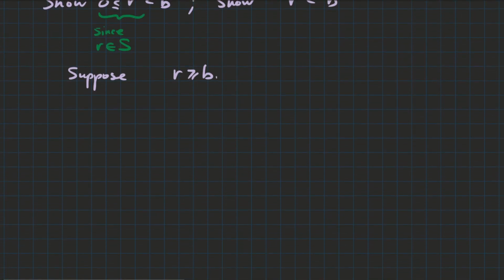Okay, interesting. So if R is bigger than B, let's consider the number A minus B times Q plus 1.